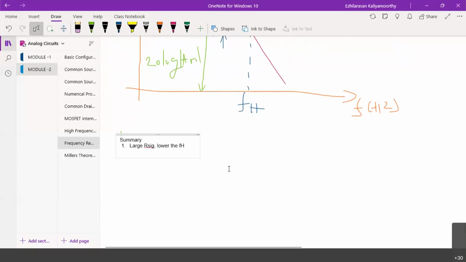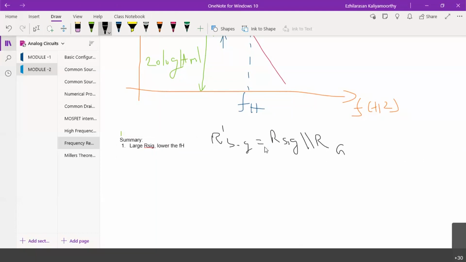The resistance is very high, nothing but infinity. So it will reduce the higher cutoff frequency, where R dash sig, we already know, is R sig parallel with RG. Then Cin also will be there.